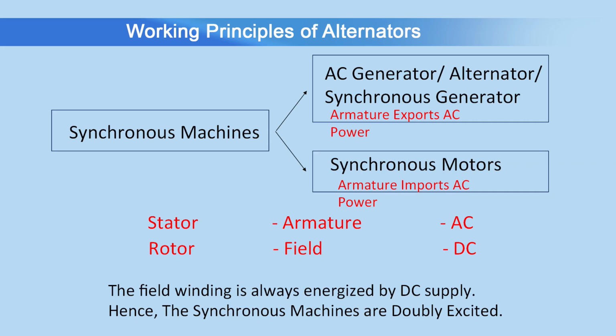So, field winding is always energized by DC. Whether it is synchronous motor or alternator, we are feeding DC power, whereas in case of armature, either it is exporting AC or it is importing AC. In both the cases, the synchronous machine is doubly excited.